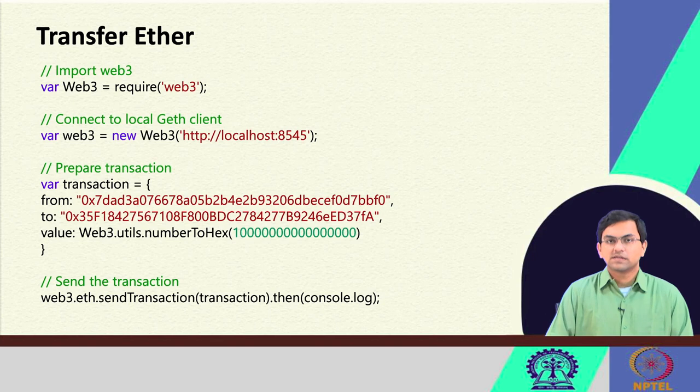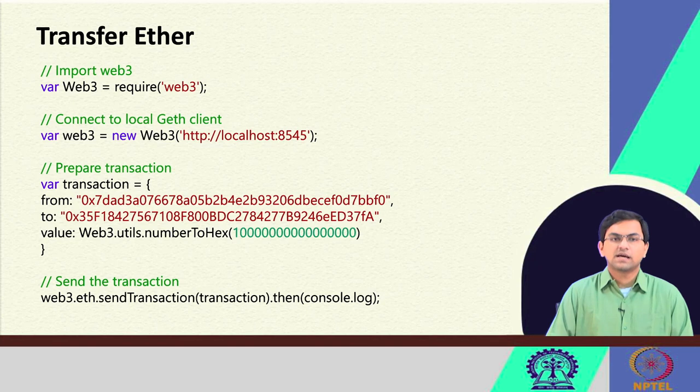Here also similarly, you would need to run the Go Ethereum client by unlocking one account, the account that you will be using to execute the transactions. Sending a transaction means you would be signing the transaction and then sending it. So, there are two requirements: one is the account should be unlocked, and the second one is the particular account from which you are sending the transaction should have some ethers which are needed to pay the gas fees.